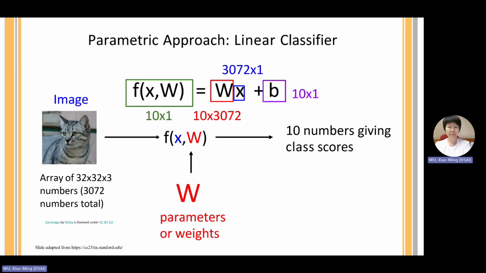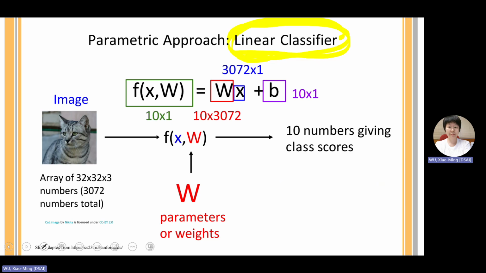Like I said, we want to understand linear classifiers because they are closely related to neural networks. Each neuron in a neural network is basically a generalization, basically an activation of a linear classifier.